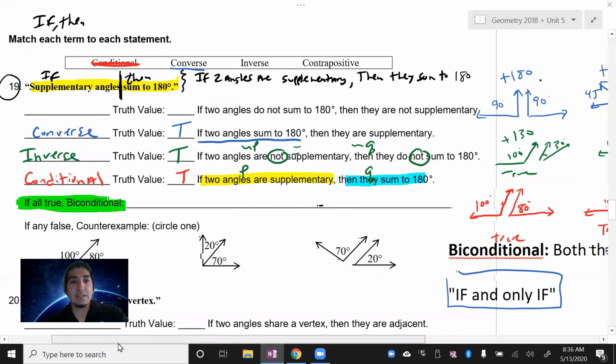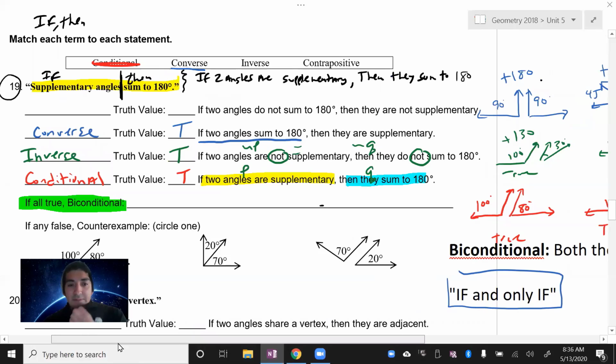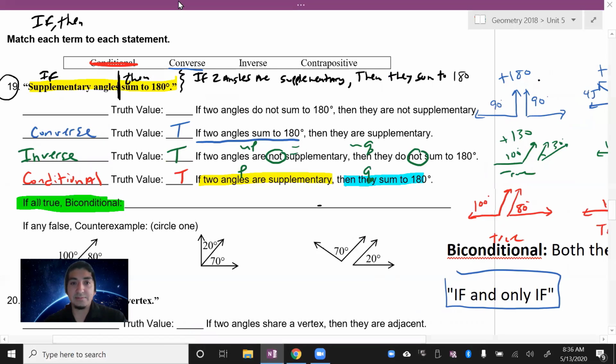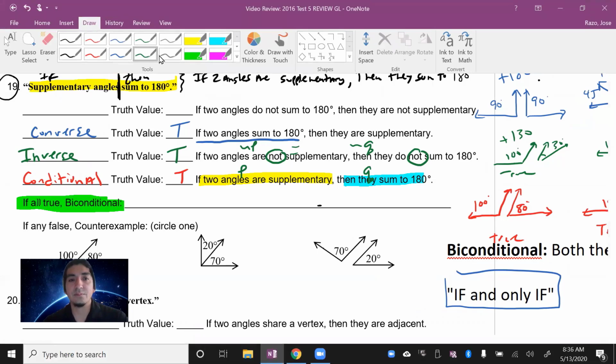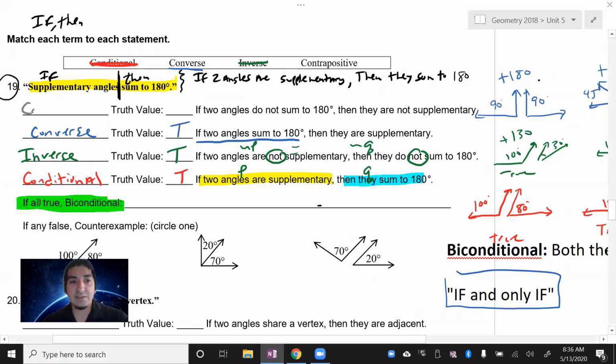Next part. So truth value. The last one's actually going to be the contrapositive, because we just eliminated our inverse. Now the reason it's contrapositive is we're taking the not of Q, and we're taking the not of P. So we're taking the not of the converse, because this is my Q and this is my P here.